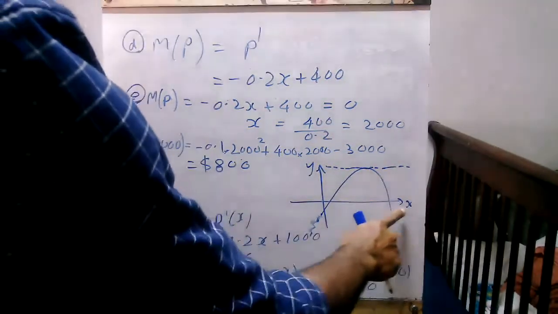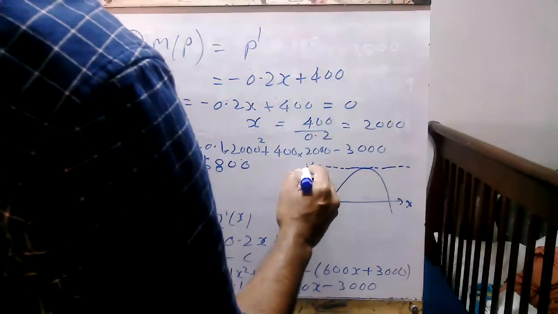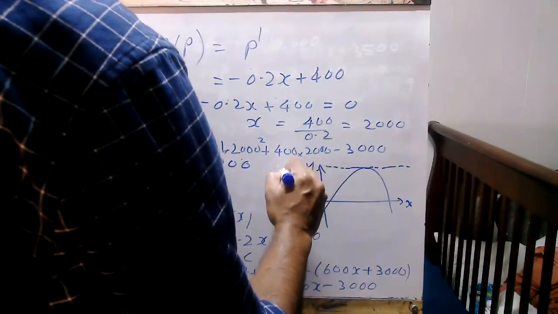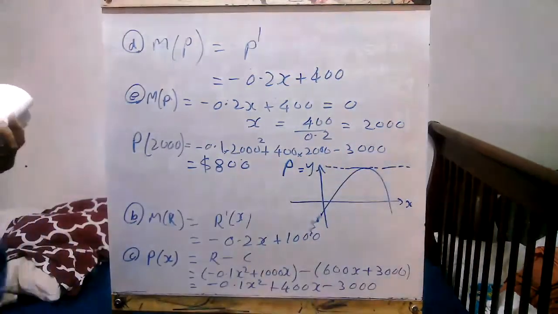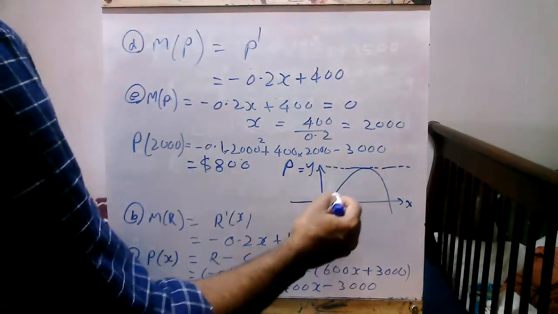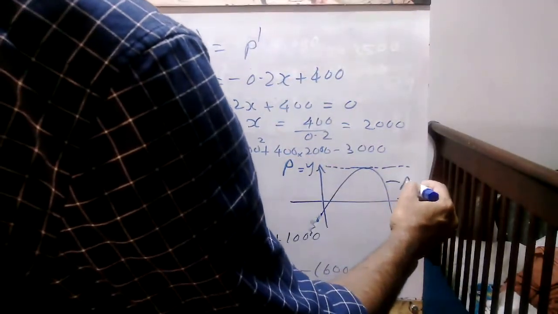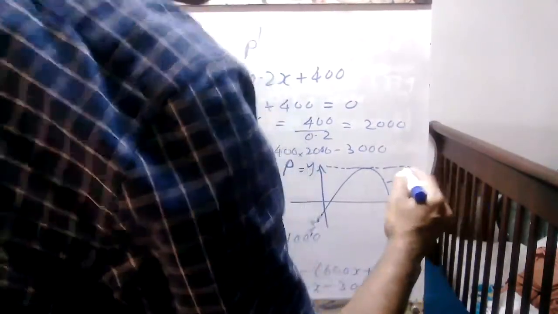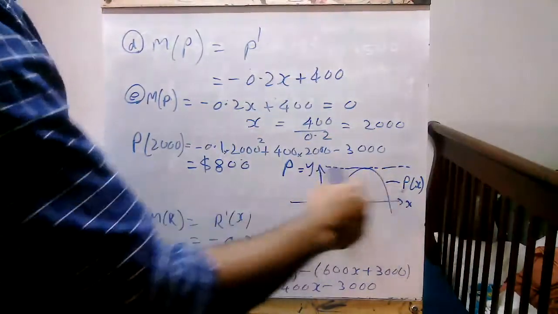So this X is number of items, Y is the profit. This is same as profit. Marginal profit is 0 here. Now you see that this is the profit function. Writing P of X, P of X profit function.